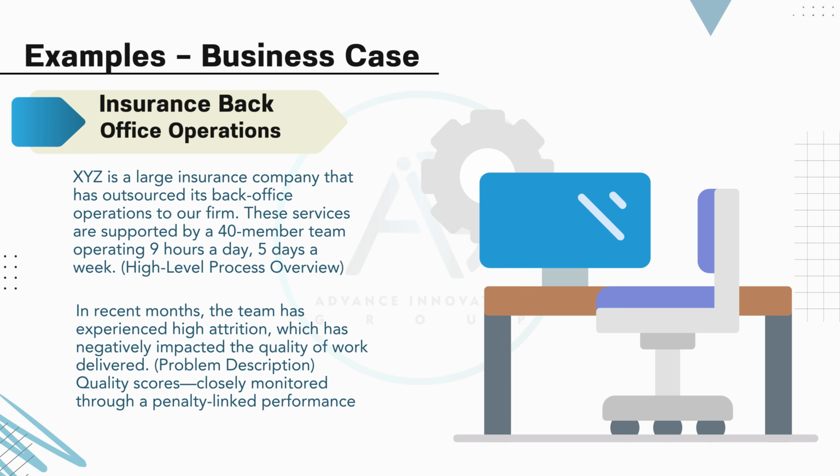This example clearly outlines the problem description and demonstrates why immediate attention is necessary. High turnover is affecting productivity and quality, and if left unaddressed, it could harm the business relationship and incur financial penalties.